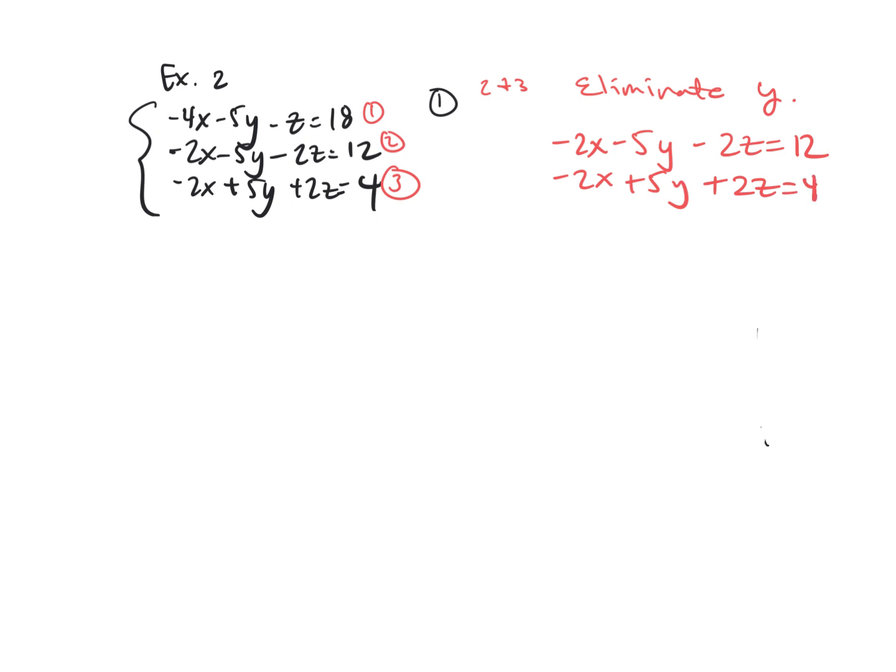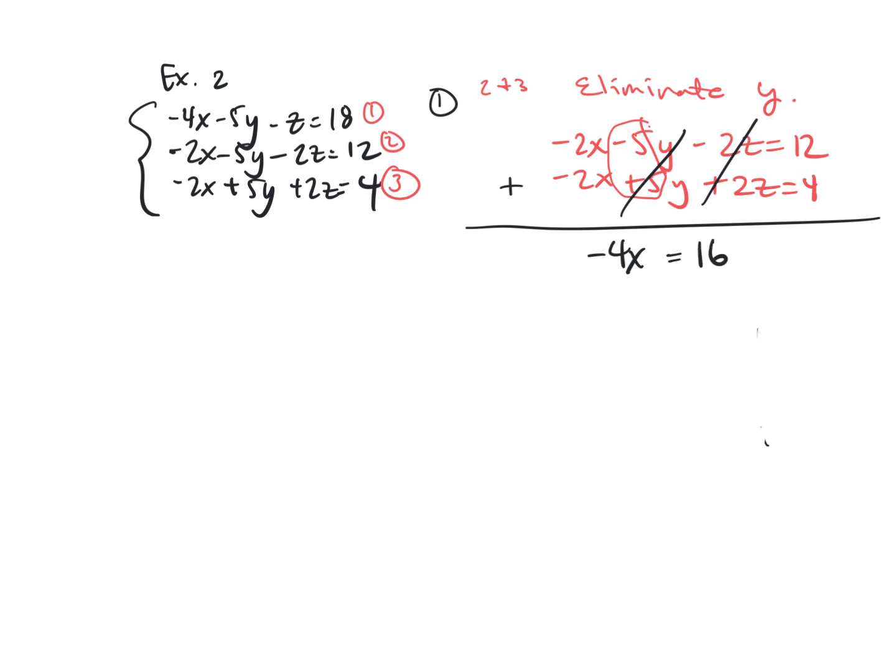So these are already opposite coefficients, so all I need to do now is just add. I'm going to add these together. I get negative 2 plus negative 2 is negative 4x. Negative 5 plus 5 is 0. Negative 2 plus 2z is 0. And then 12 plus 4 is 16.